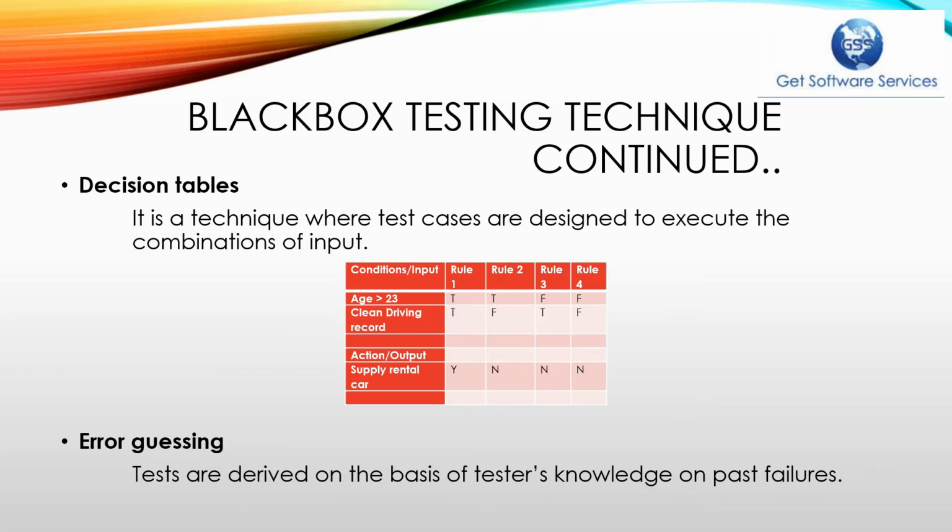Maybe when I give this kind of data, I may be able to find defects. So you're randomly testing the application without following any formal test cases. That we call error guessing. So these are the different black box testing techniques that we have. And in all these testing techniques, we are not getting inside the coding details. That is why it is called black box testing.